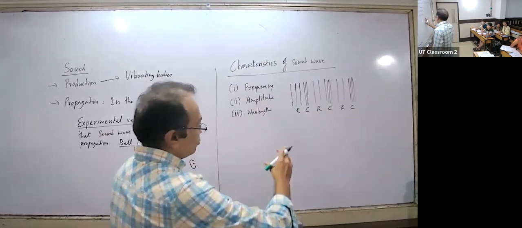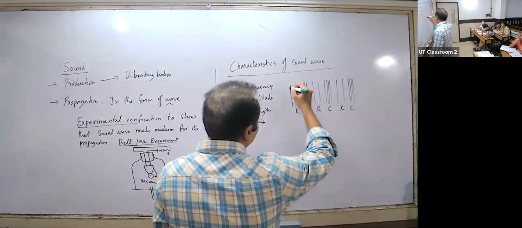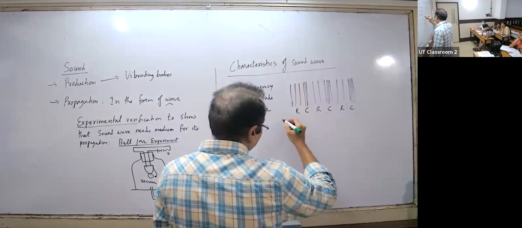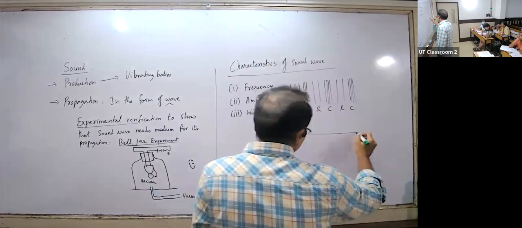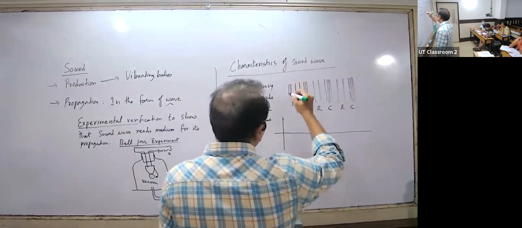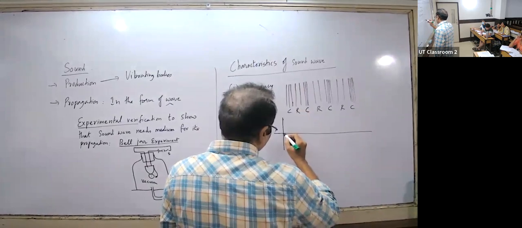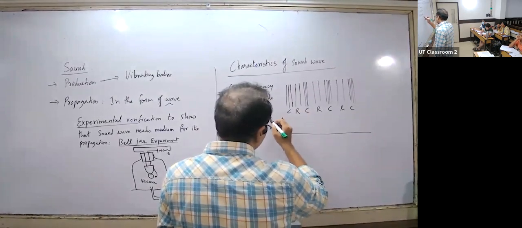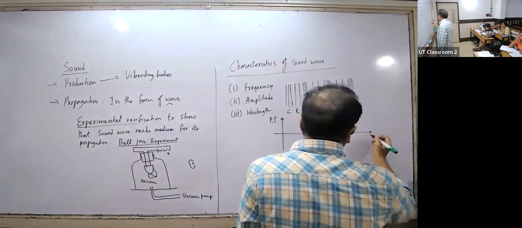So in terms of pressure, right? How do we represent it? So we'll represent it like this. Wherever you have compression, the pressure, this is pressure or density, right?